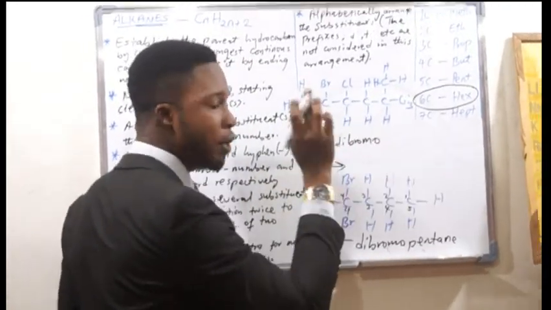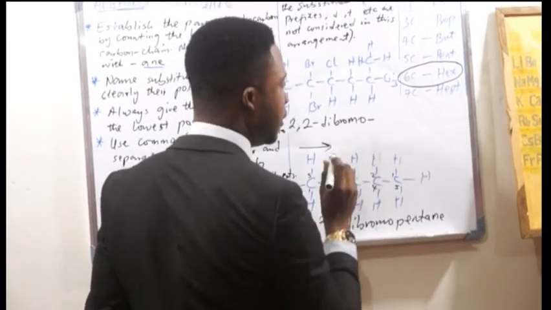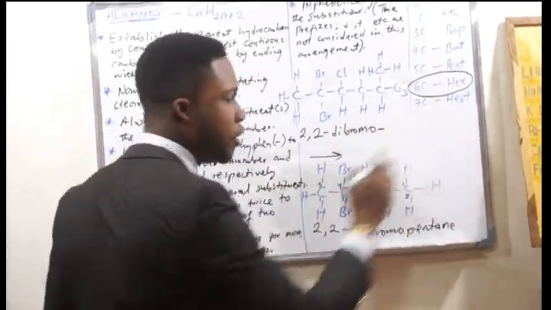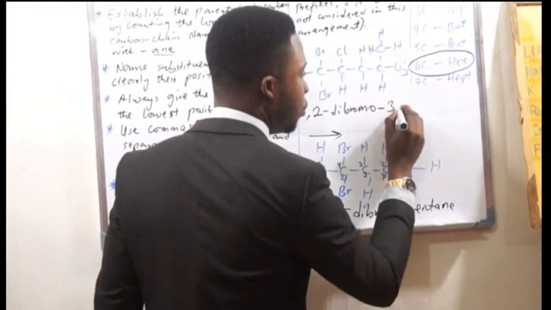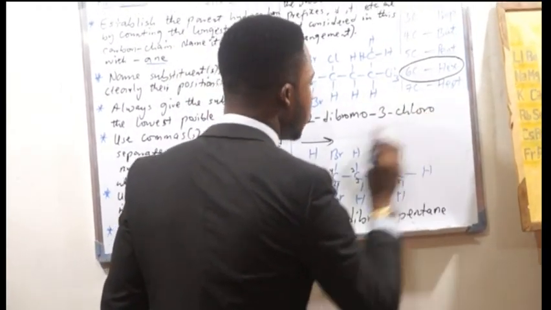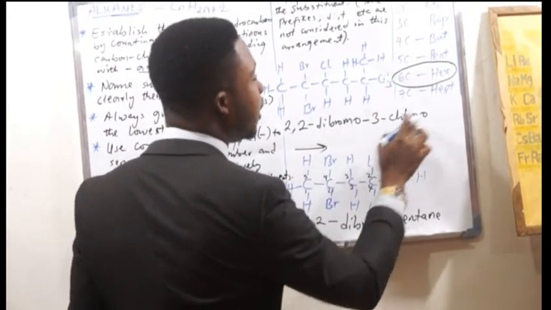Then at carbon 3 we have a chloro, then we have a hyphen. Remember, you separate words from figures with a hyphen. Bromo, at carbon 3 there is chloro. 2, 2 dibromo, 3 chloro.